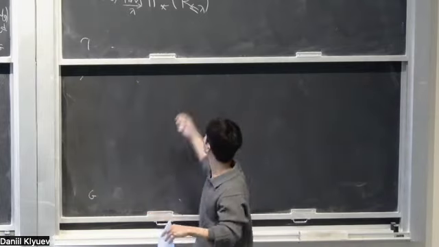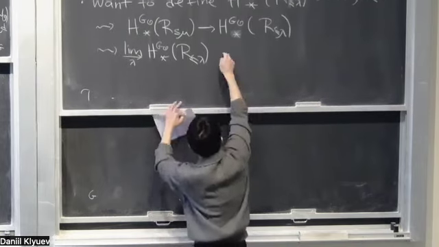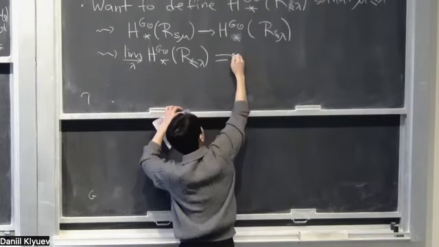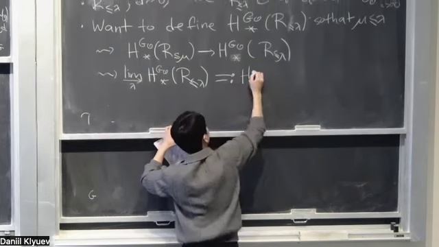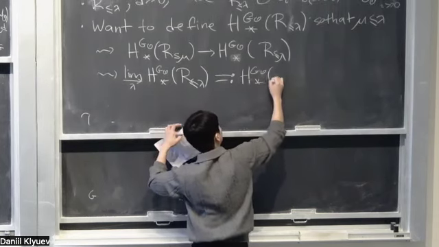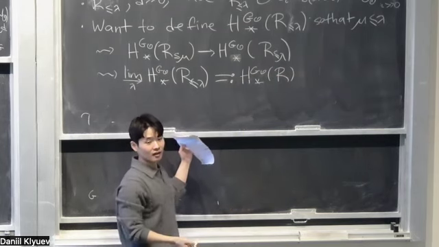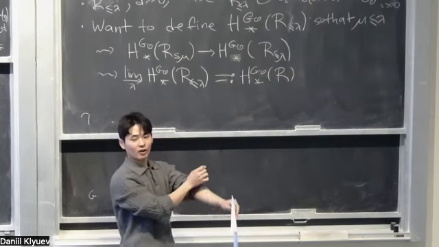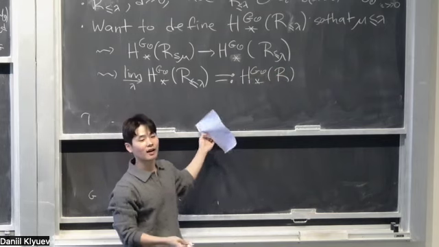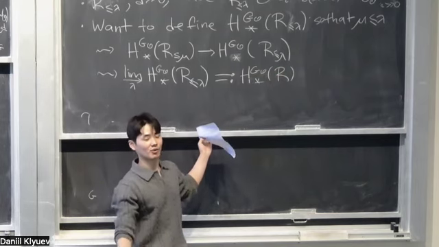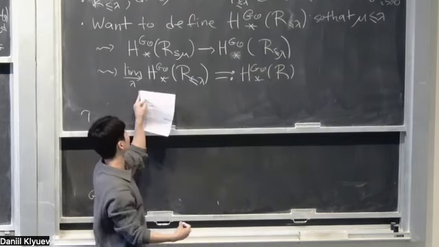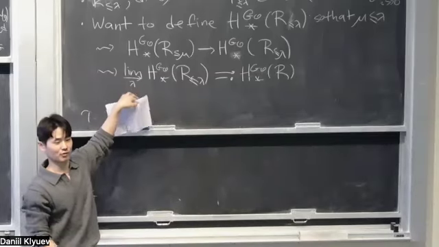I'm going to define this as the Moore homology of R, as lambda ranges over all dominant coweights lambda, and the direct system is given by the usual dominance relation.